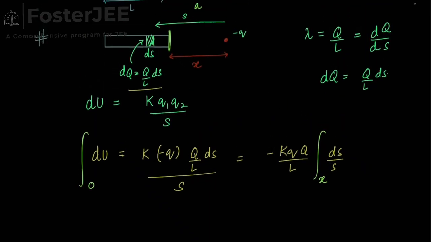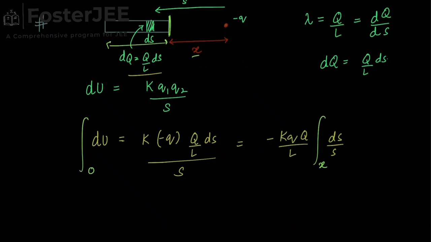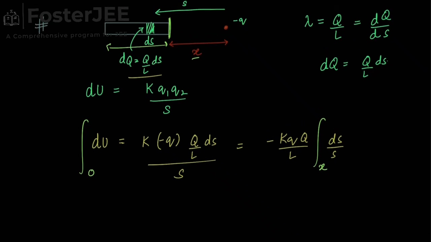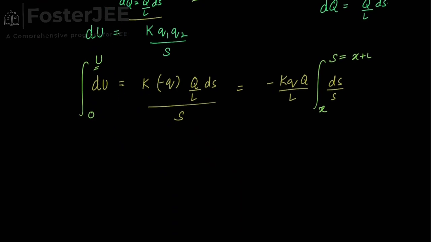And when s is equal to x plus L, the total length, in that case the full distance is being considered, and hence the whole rod will be covered. So the total potential energy that we need due to the whole rod is U. And when s is equal to x plus L, let's solve this equation.